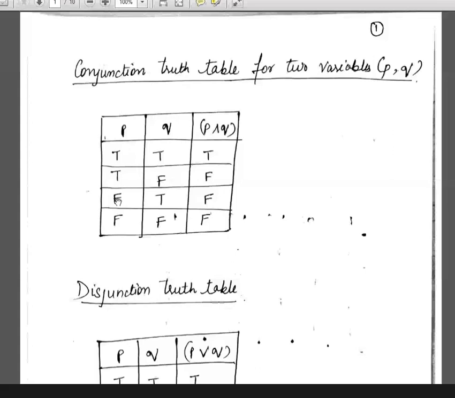False and true is again false, and false and false is false. You need to know the rule for conjunction, because I will give you one example, then you need to solve one question, and I will ask you by name, and the students who joined late need to answer first. So, this is the conjunction table.